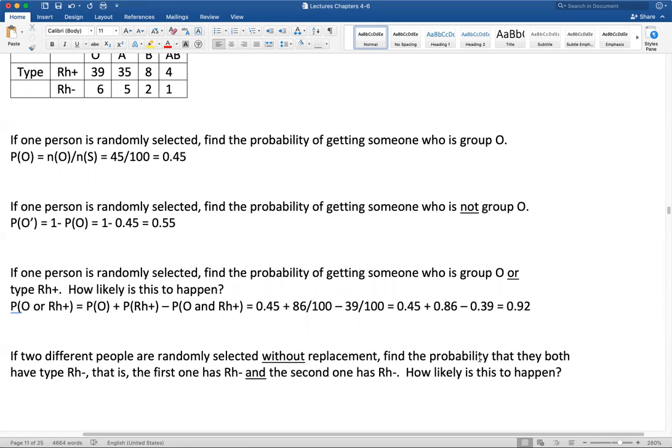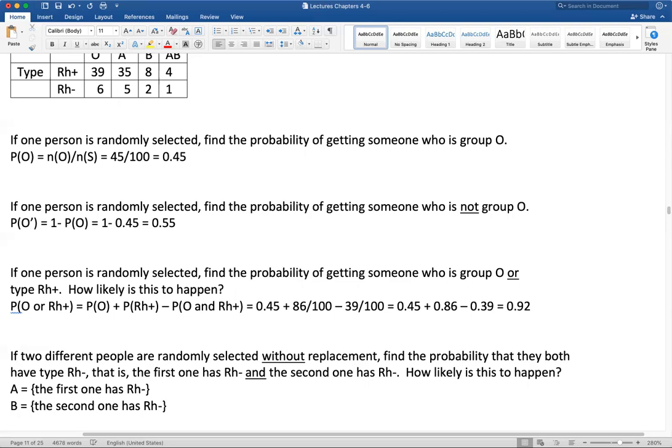Let's say A is that the first one has Rh minus. B is the second one has Rh minus.